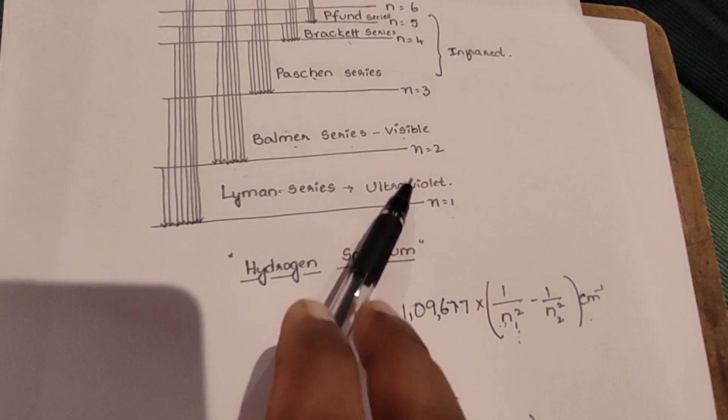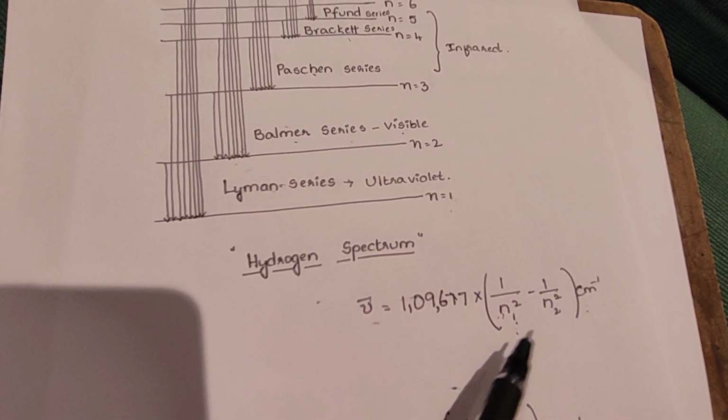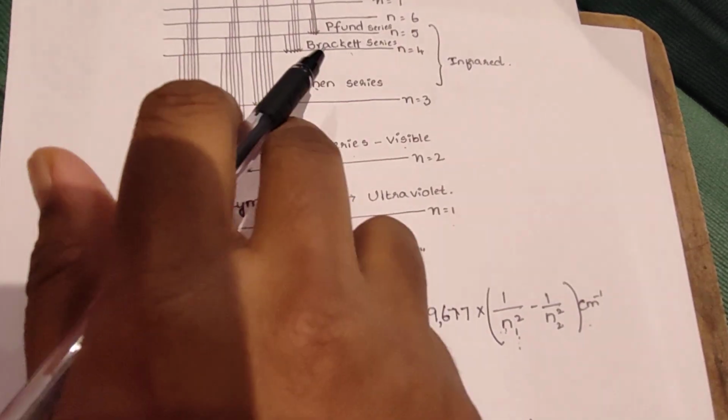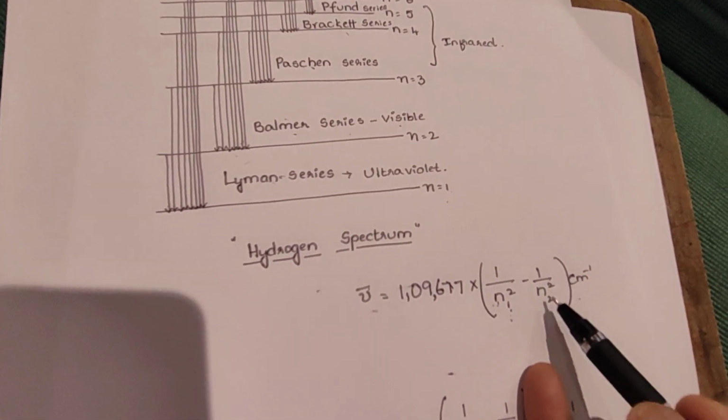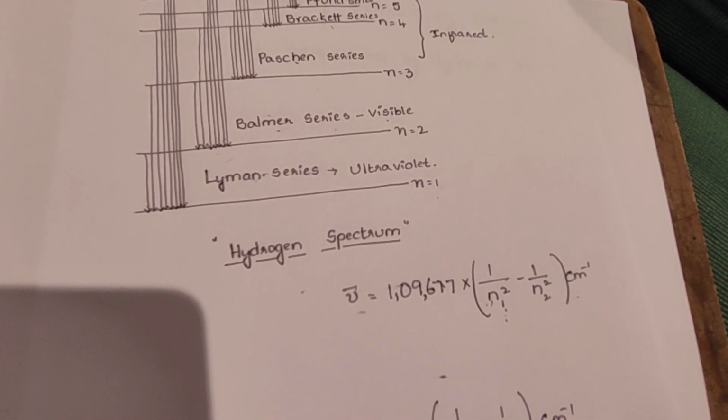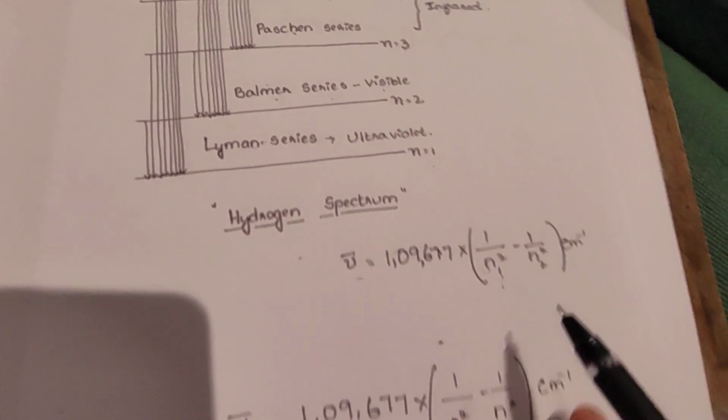If n1 equal to 2, Balmer series is explained. n1 equal to 3, Paschen series. n1 equal to 4, Brackett series. n1 equal to 5, Pfund series. So here n2 is greater than or equal to n1 plus 1.